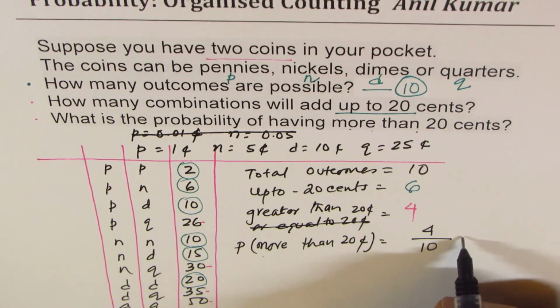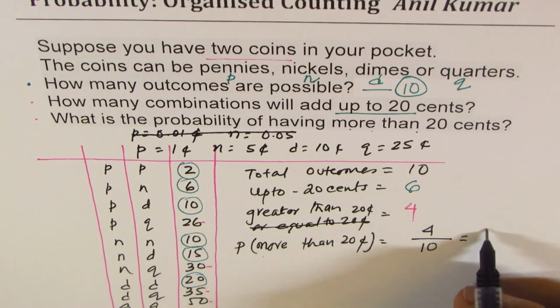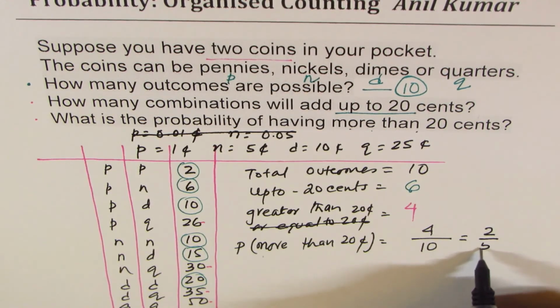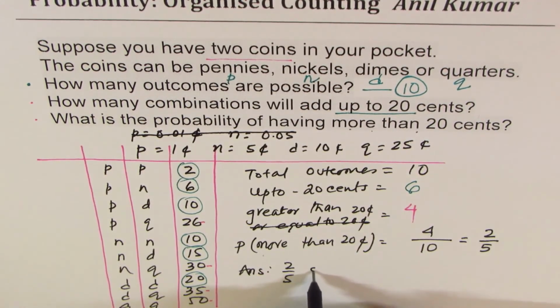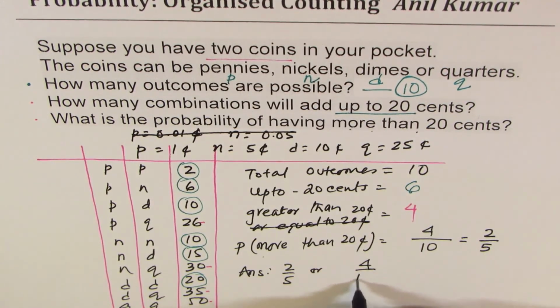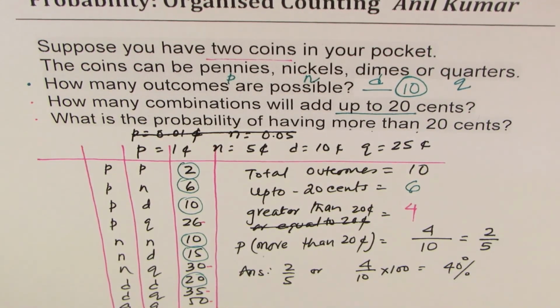So that is the probability. You can simplify this by dividing both by 2, so we get 2 over 5. So our answer is 2 over 5, or in percent we do 4 over 10 times 100, which is 40%. Is that okay? So that is how you can organize your data and find probability.